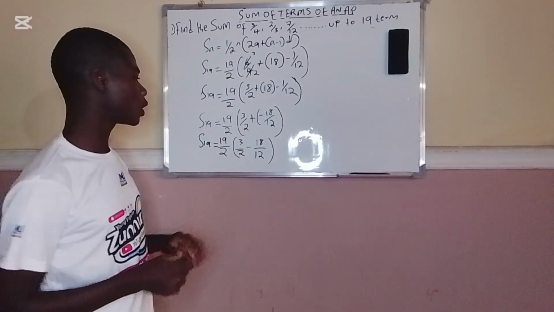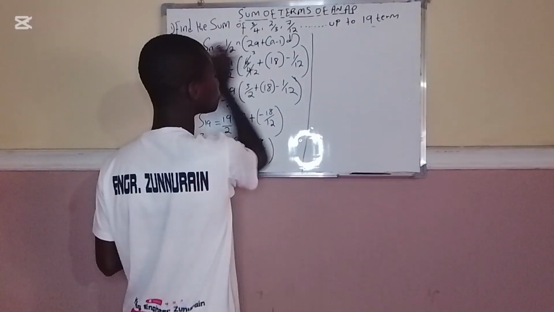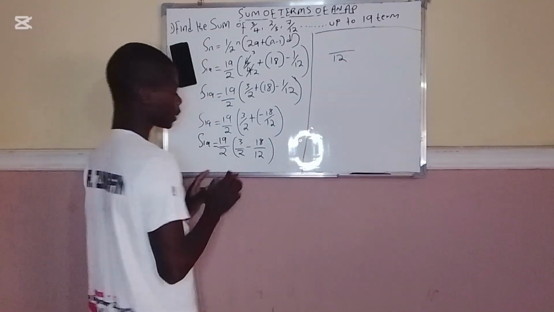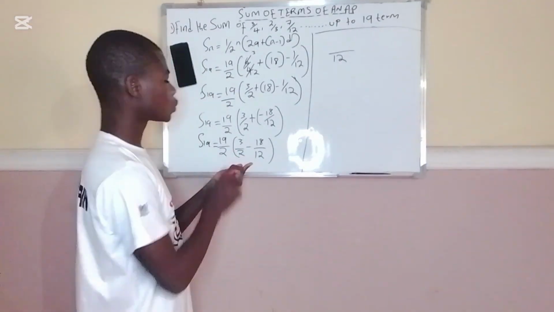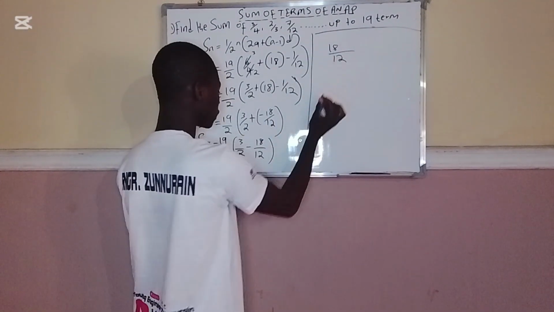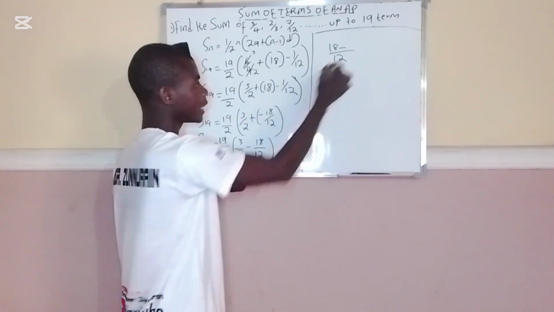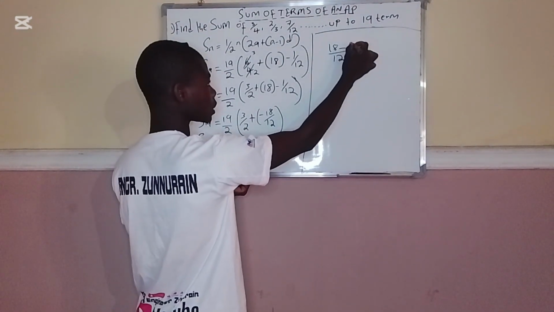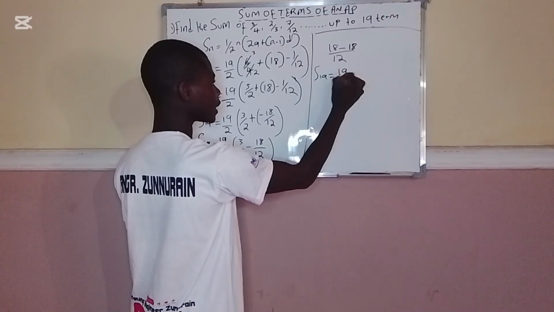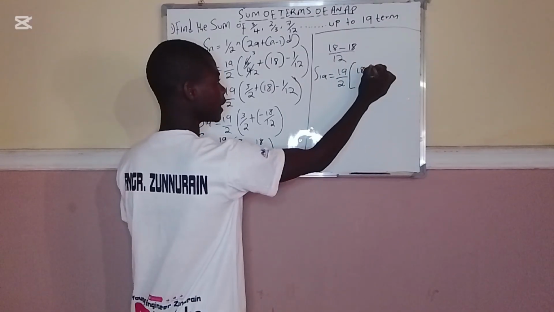The LCM between 2 and 12 is 12. 12 divided by 2 is 6, and 6 multiplied by 3 is 18, minus 12 divided by 12 is 1, and 1 multiplied by 18 is 18 again.